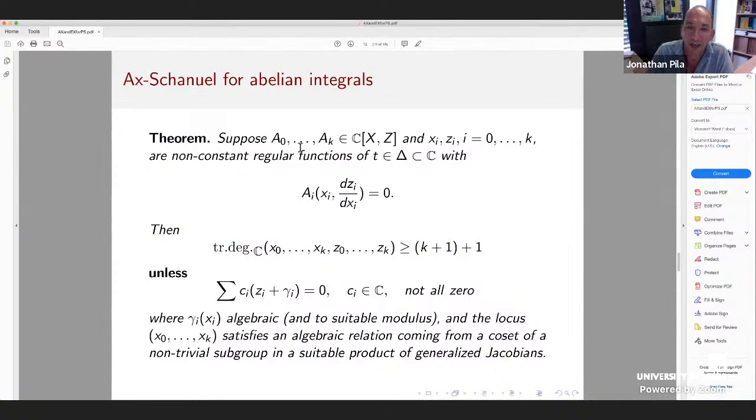So capital AI of little xi and dzi dxi equals 0. So dzi dxi is some algebraic function of xi.